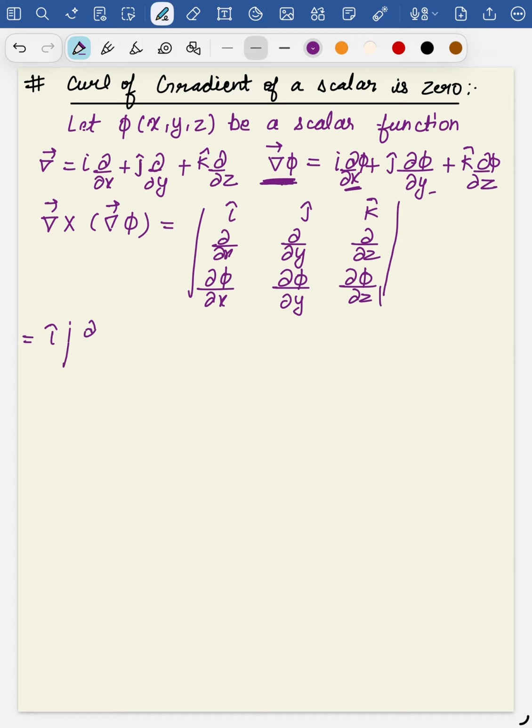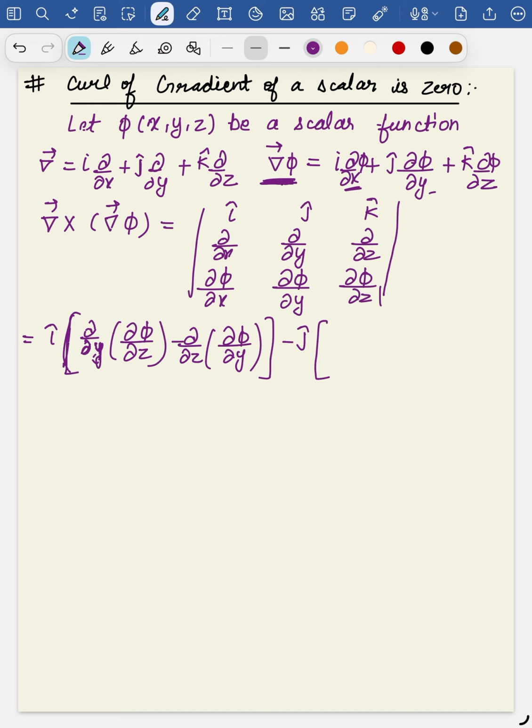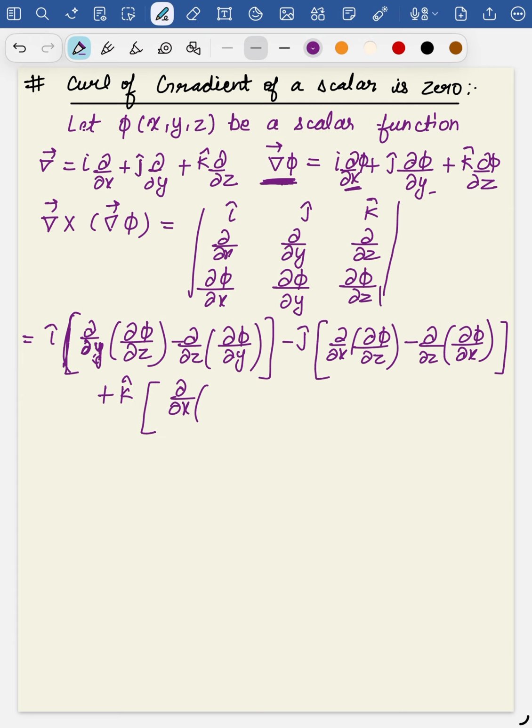Solving it, we will get i cap (del by del y del phi by del z minus del by del z del phi by del y) minus j cap (del by del x del phi by del z minus del by del z del phi by del x) plus k cap (del by del x del phi by del y minus del by del y del phi by del x).